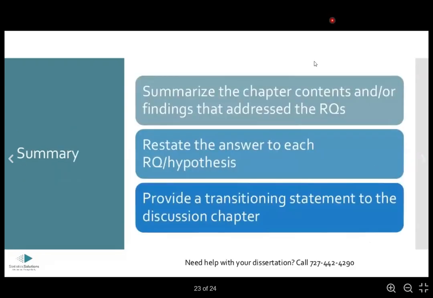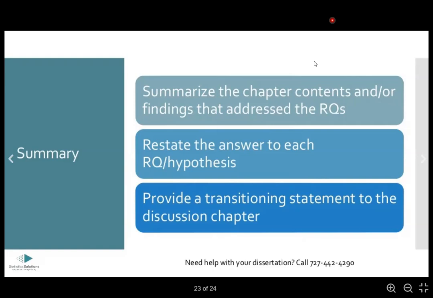So once you have done all of that, you have presented your facts and figures. The next step is to summarize the findings. So you'll want to provide a chapter summary, really capturing those high points of your results that you plan to expand further on in your discussion.